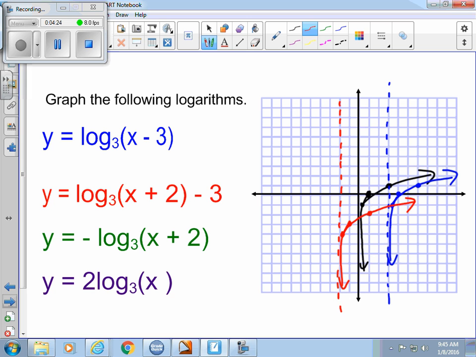That's easy. Alright. What does the negative of the logarithm do? Reflect on the x-axis, and what does the +2 do? Moves it left 2. So the asymptote will be the same as that one. We're going to take the black graph, reflect it over the x-axis.